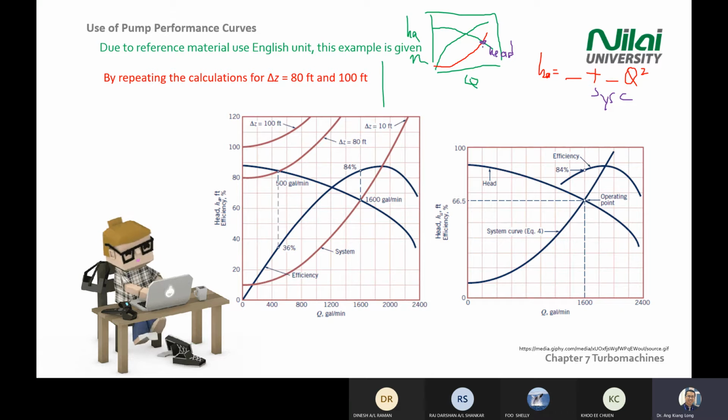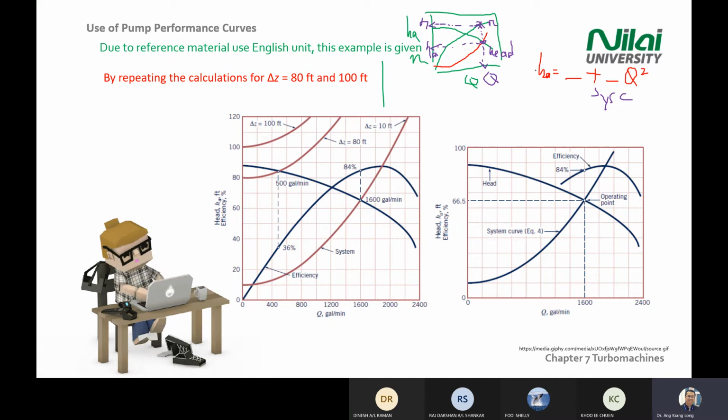From the intersection, project down and you get your Q. Project to the left and you read the head value, HA. From this point, project up to touch the efficiency line, then project to the left and you get the efficiency of the pump.